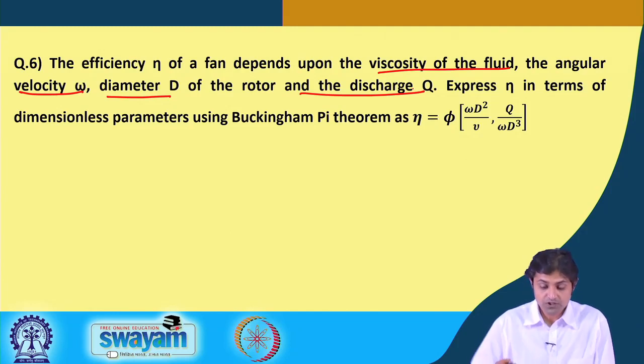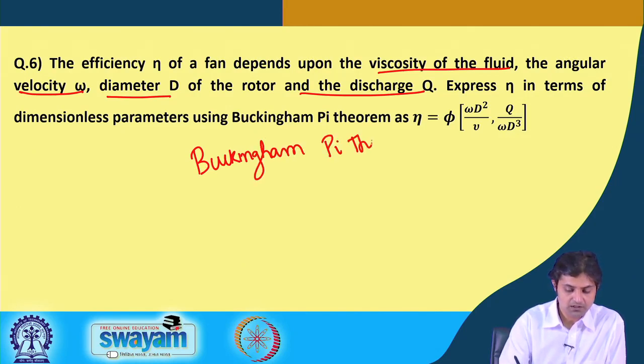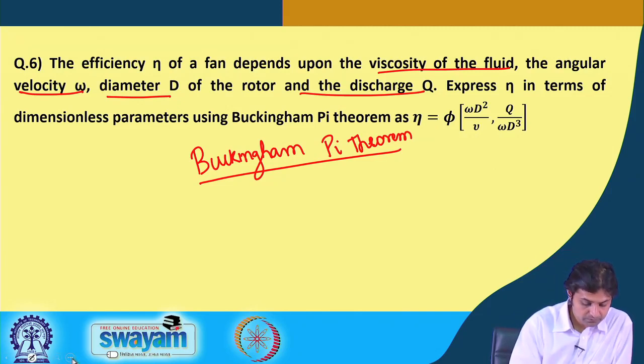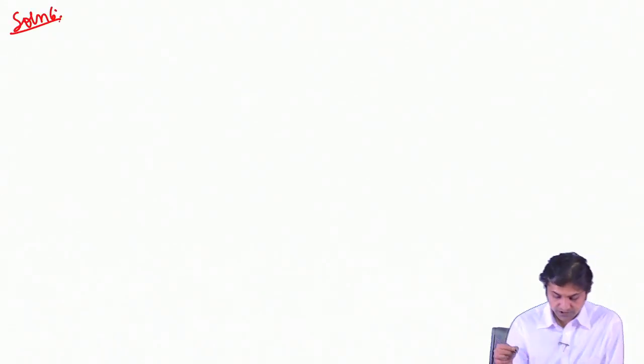Here also we are going to use Buckingham pi theorem. As always we will go on a white screen. The first step is solution 6, as in the question number 6 that we have here.